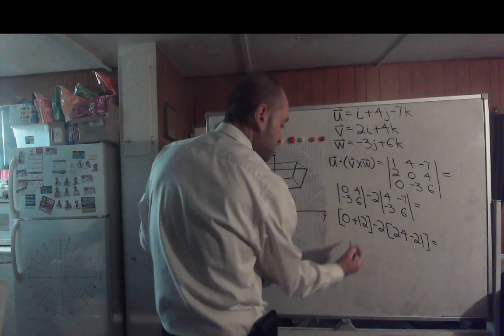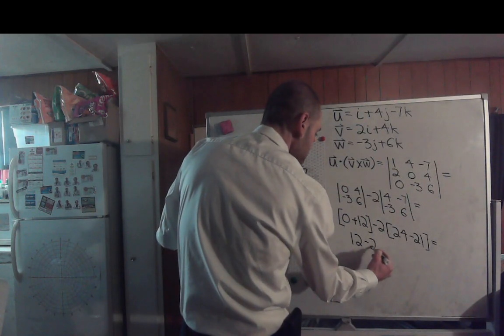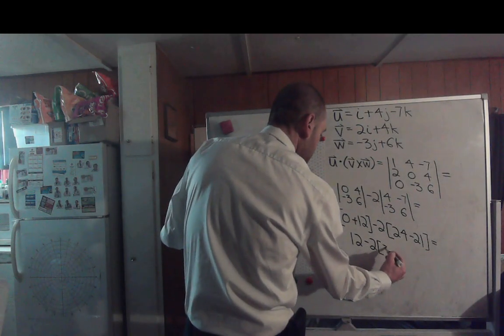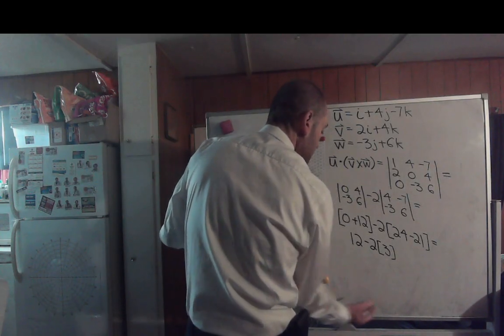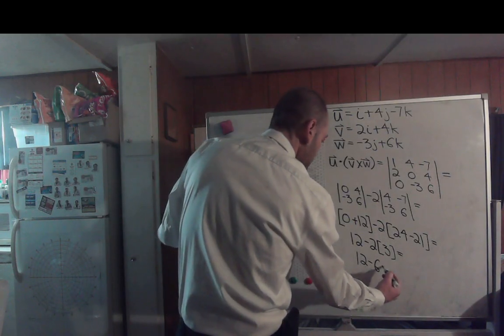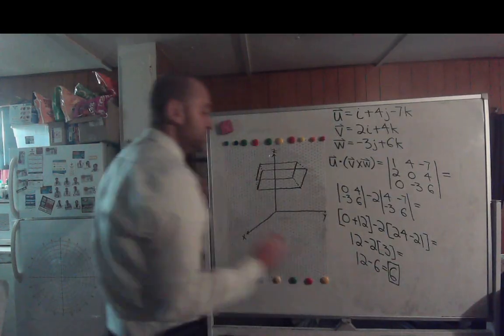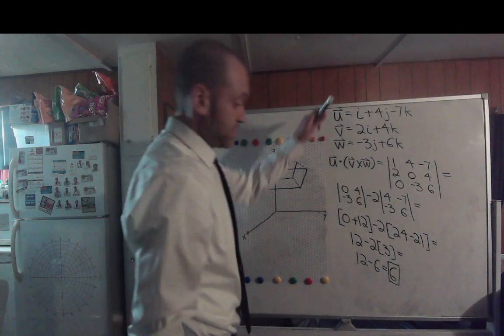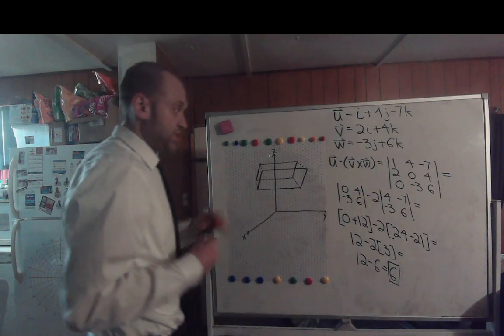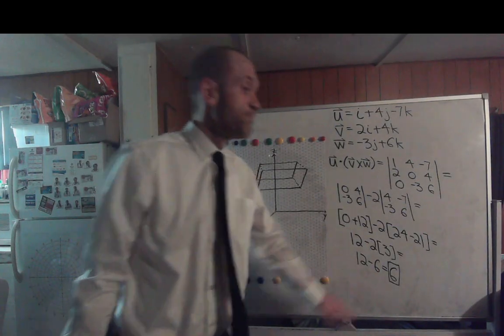Let's simplify a bit, so you'll get 12 from the first set, minus 2 times 3, which would end up giving you 12 minus 6, or just a triple scalar product of 6 for these three vectors. So the triple scalar product in this case would be 6.